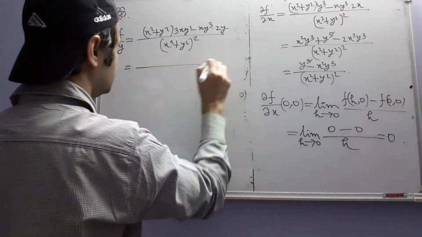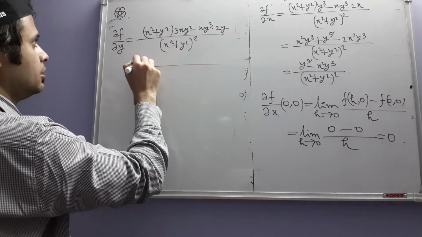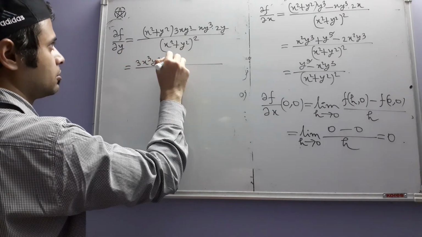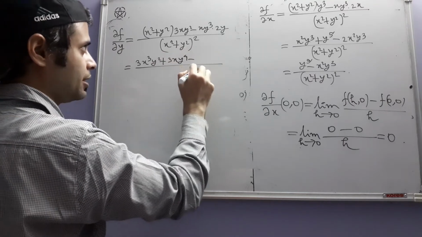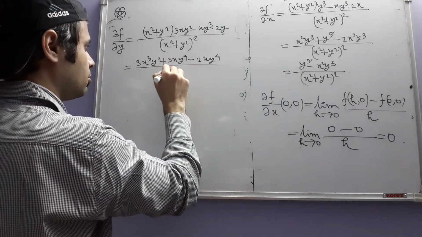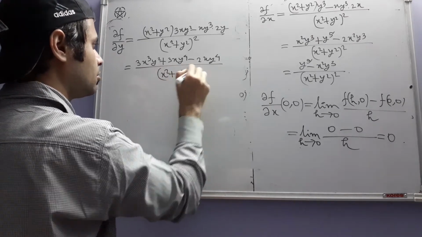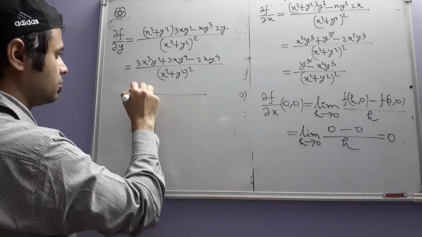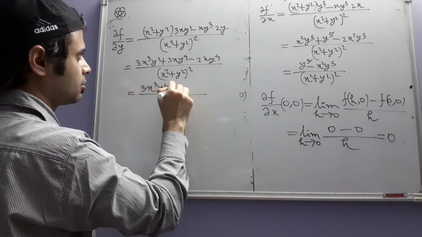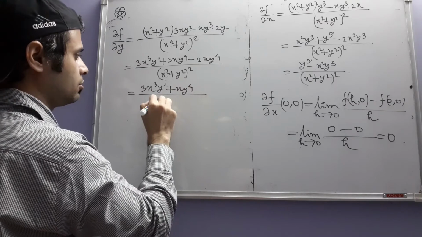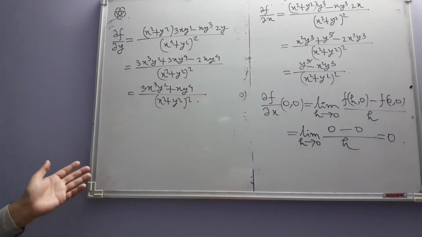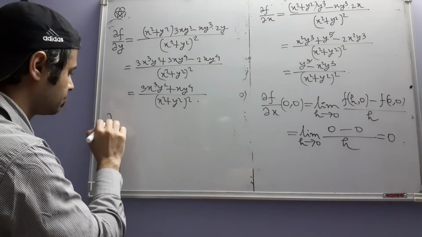So this will be 3x³y² + 3xy⁴ − 2xy⁴ divided by this. So this is equal to (3x³y² + xy⁴) divided by (x² + y²)² at a non-zero point, partial derivative with respect to y.